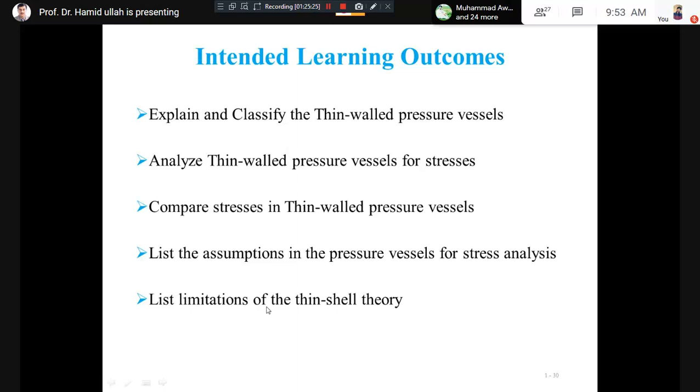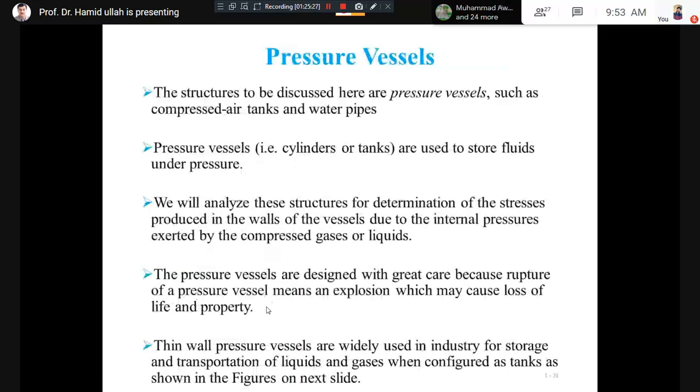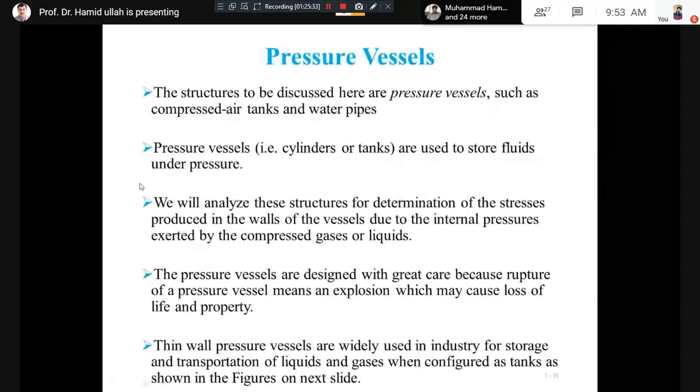I already mentioned that pressure vessels are basically containers carrying a fluid, maybe liquid, maybe gas, under high pressure. Examples are compressed air tanks, water pipes, etc. They could be in the shape of a cylinder or tanks. The purpose of this cylinder or vessel is to store fluid under pressure.